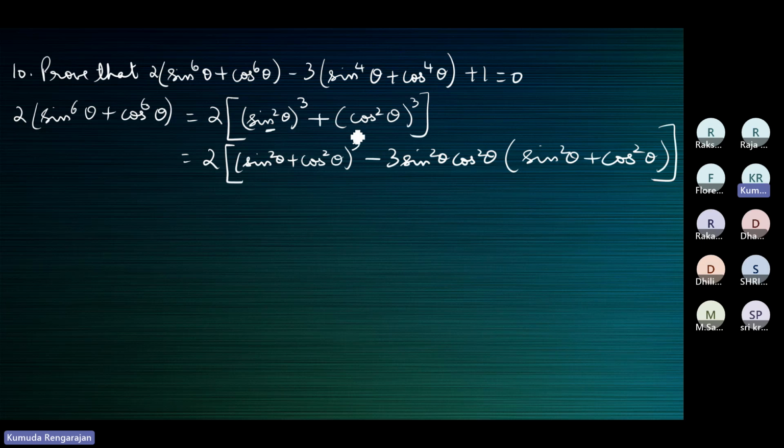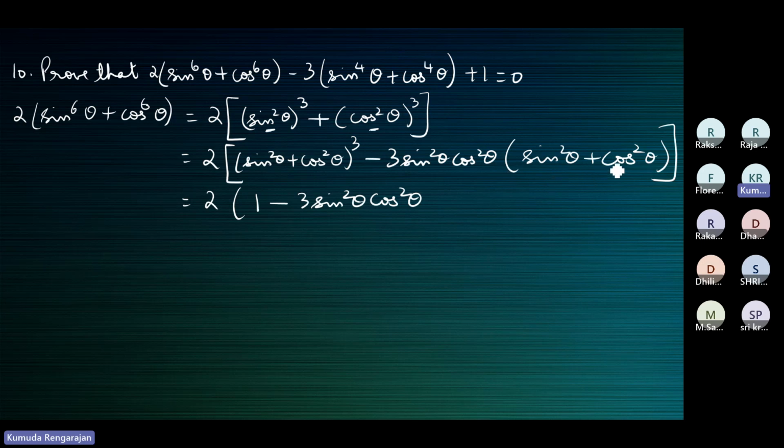See here we know a is sine square theta, b is cos square theta. So a cube plus b cube is equal to a plus b the whole cube minus 3ab into a plus b. So this is 2 into sine square theta plus cos square theta is 1. 1 cubed is 1 minus 3 sine square theta cos square theta into 1.